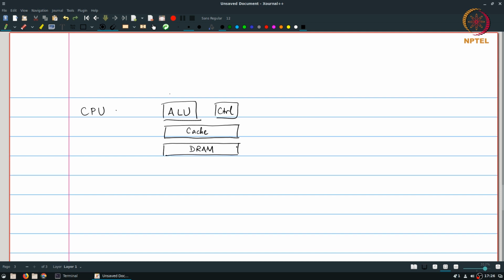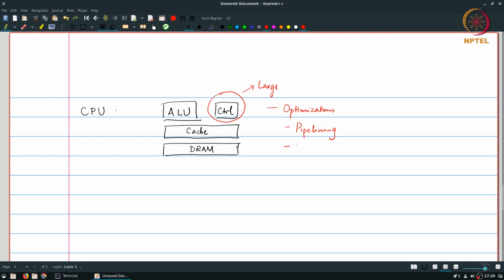So in typical CPUs, what you find is that this control logic is typically quite large. The reason why it is large is because you have to apply a lot of different kinds of optimizations in order to get a very high level of throughput or high degree of compute capability out of this CPU. Examples of this would be, of course, the very basic pipelining as applied in the context of a CPU.